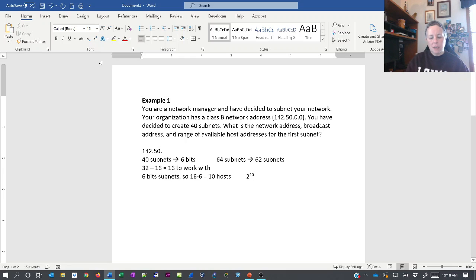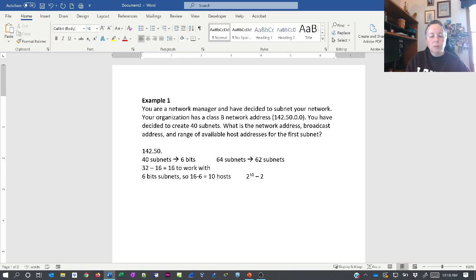And for hosts, we do want to subtract the 2. Not everybody will subtract the 2 for the number of subnets, but we want to always subtract it for hosts, because you can't have a host with host bits of all 0, because that refers to the network address. And you can't have a host bit of all 1s, because that refers to the broadcast address. So in this case, we're going to do 2 to the 10 minus 2 to get the number of hosts that we can have on each subnet.